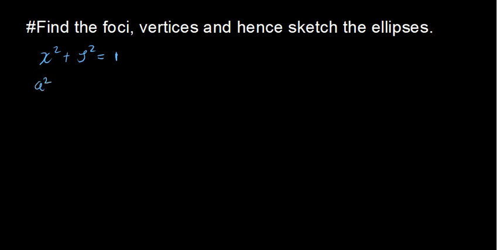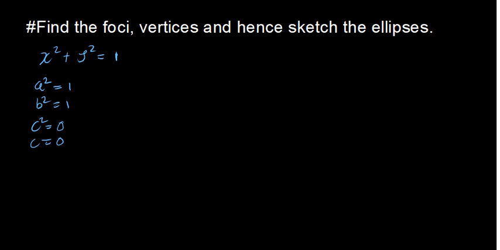So this can be a squared is equal to 1, b squared is equal to 1, and c squared is supposed to be b squared minus a squared, or a squared minus b squared, of which the value of b and the value of a just indicates the orientation of that ellipse. But in this case, a and b are the same, so your c squared is going to be 0, which will make your c to also be 0, meaning for this one you don't have foci, there's no focus. And of course you know the center is 0 comma 0.